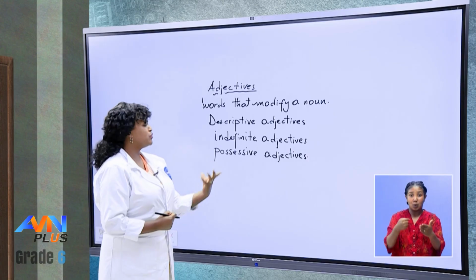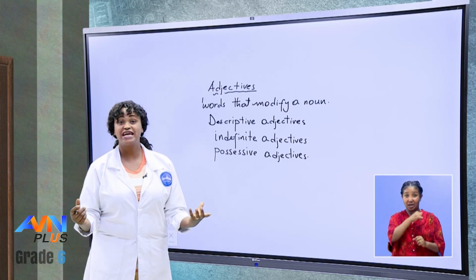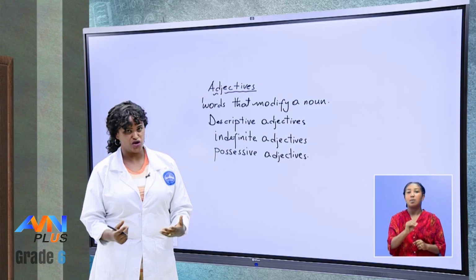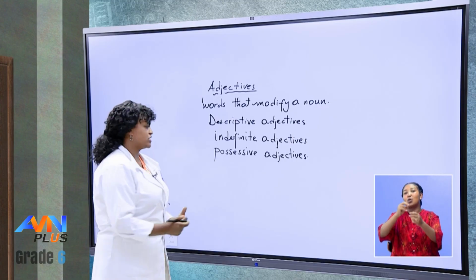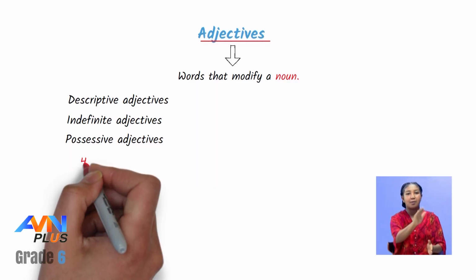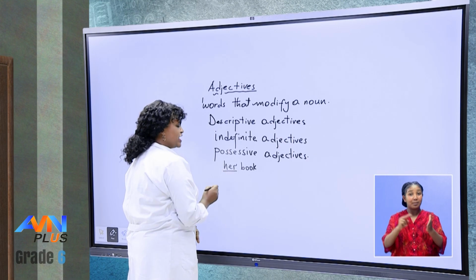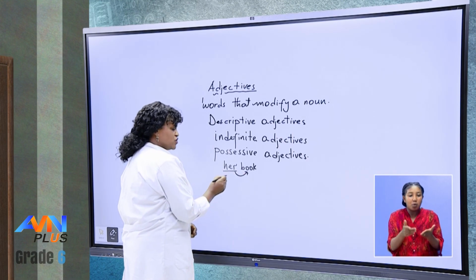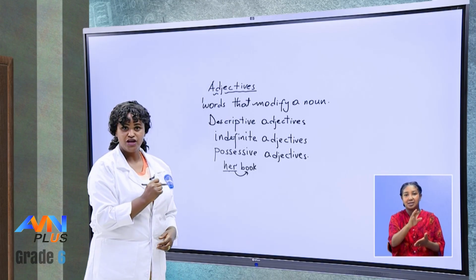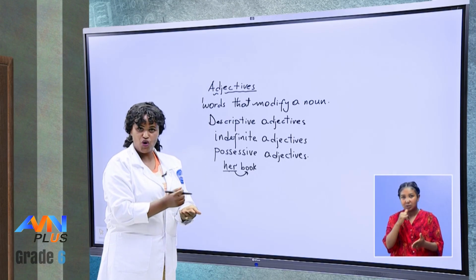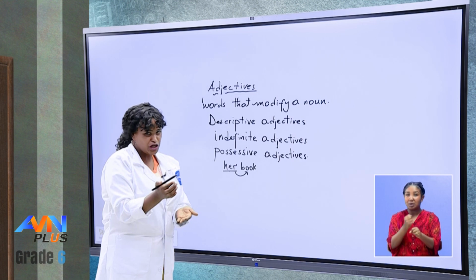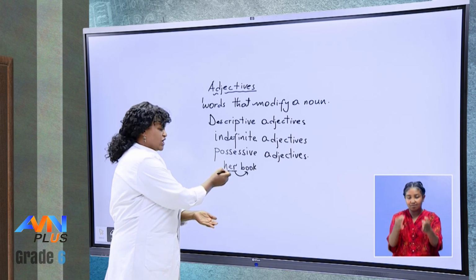So under possessive adjectives, we find the possessive pronouns, right? Like for example, her book, yeah? When you say her book, this 'her' makes clear which book you are talking about. So this is an adjective which makes it that you are talking about some specific book, her book.